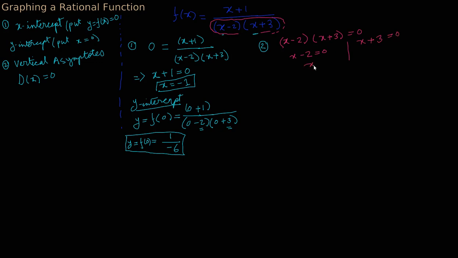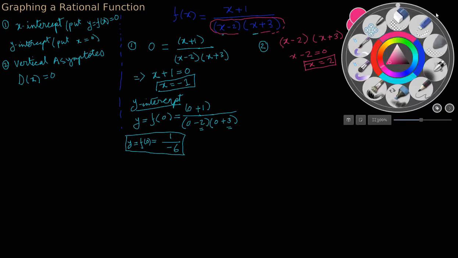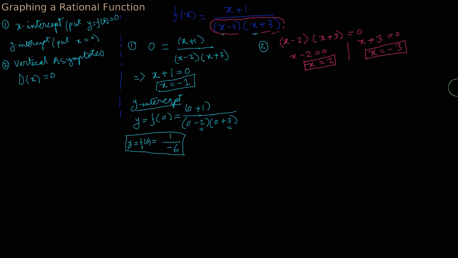So I get x equal to 2, which is one vertical asymptote, and I get x equal to negative 3. So these are my vertical asymptotes.